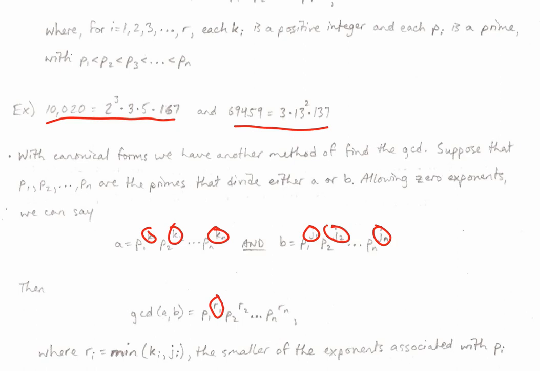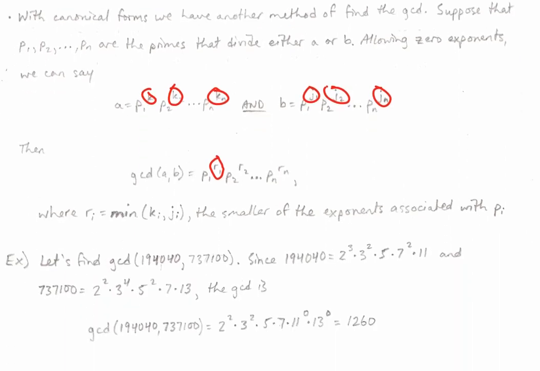Move over to my next exponent, R2. I'd look at K2 and J2, take the smaller of those two values, and make that the exponent of this prime P2 in my GCD. And you do that with every other prime that's showing up.